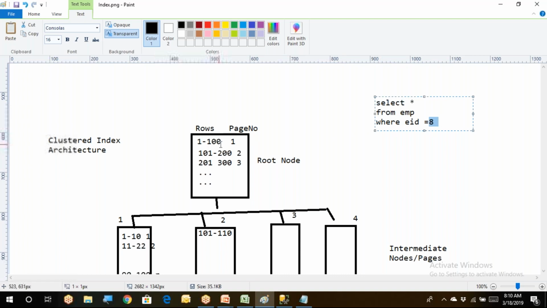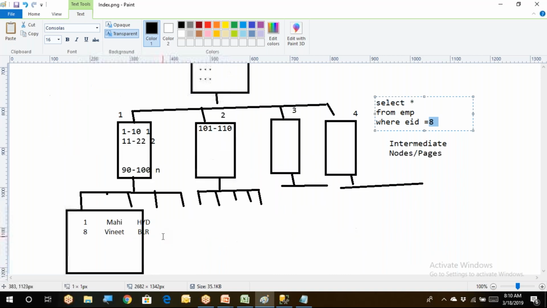It is going to be reading this data. 8 is between 1 to 100, so it is going to be jumping to page number 1. Then it says 8 is between 1 to 10, so it will take the page number and point to the page here.